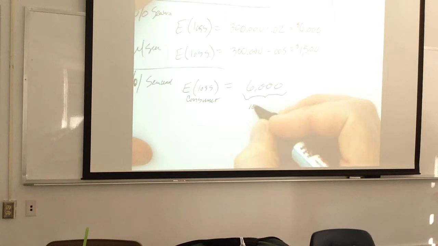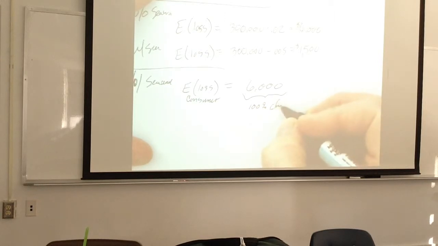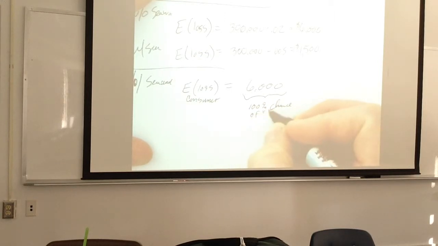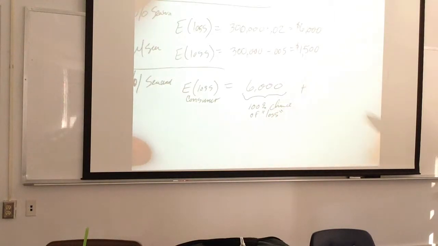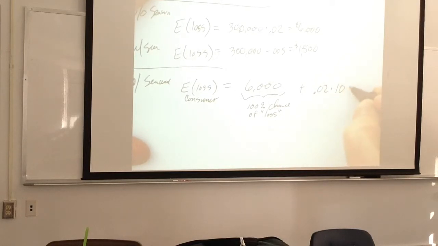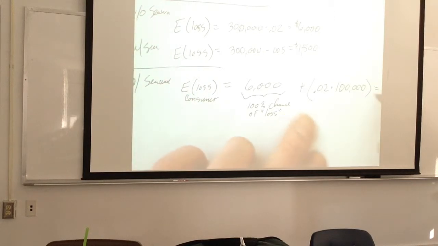We got a 100% chance of quote unquote loss or cost there, plus now you guys correctly identified a 2% chance of getting stuck with the $100,000. So that 6,000 is kind of like a fixed cost, like you're gonna pay that no matter what happens. Yep. And so the interesting result that we get is 8,000.